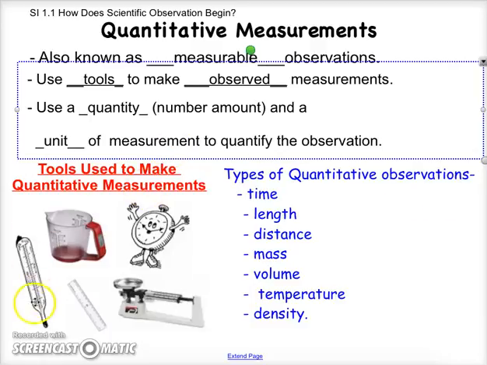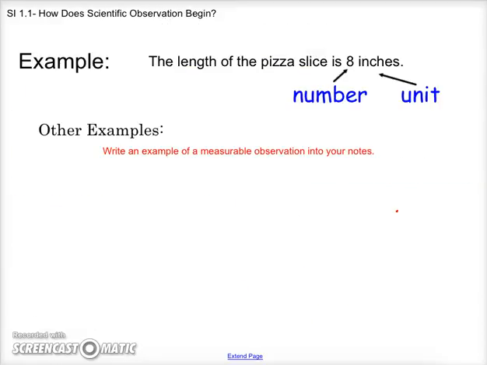So down below we have things like a thermometer to measure the temperature, a ruler, a scale, a stopwatch, and a measuring cup. So these are all types of quantitative observation because there is a number and a unit. Our example is the length of the pizza slice is 8 inches.